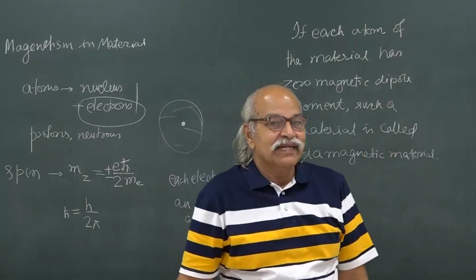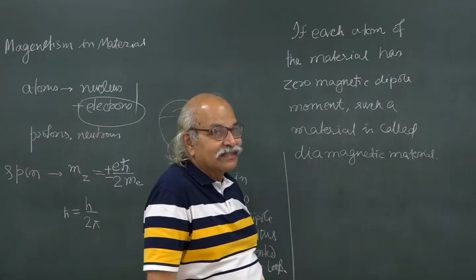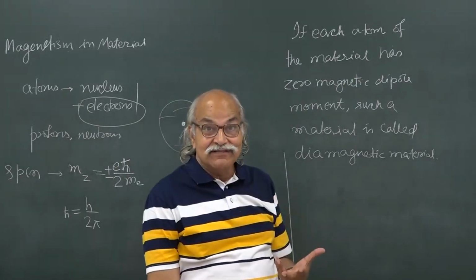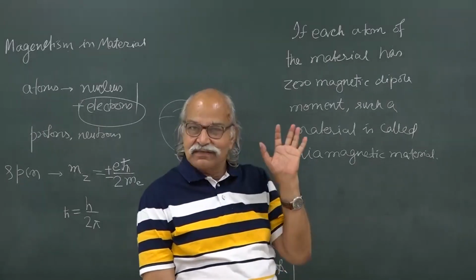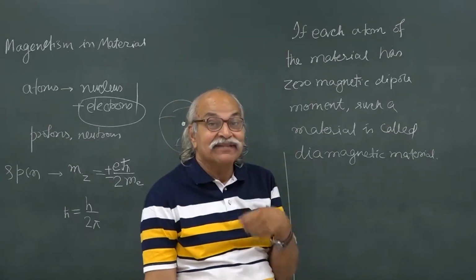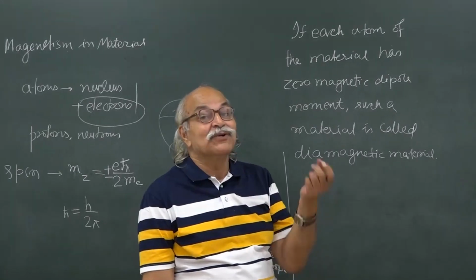If that be the case, then such a material is called diamagnetic material. If that is not the case, and these individual units, atoms or molecules or ions, have magnetic moment, then it is not diamagnetic.